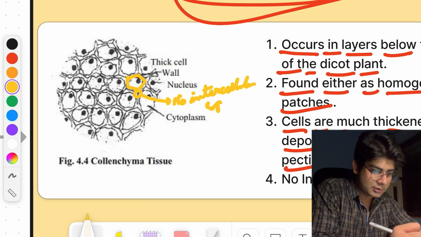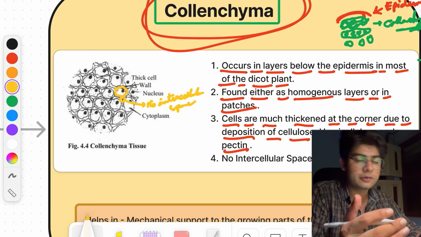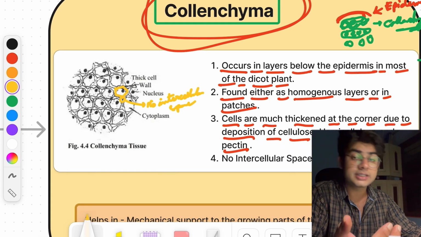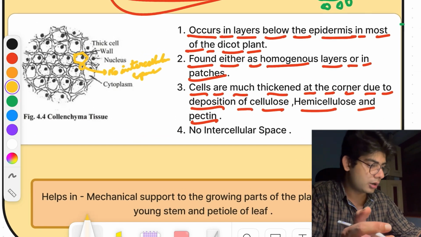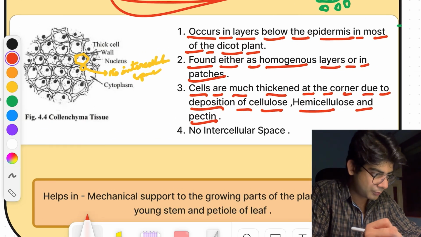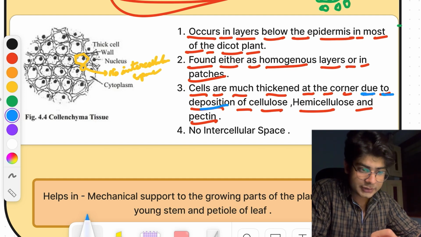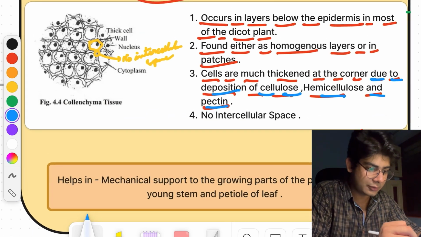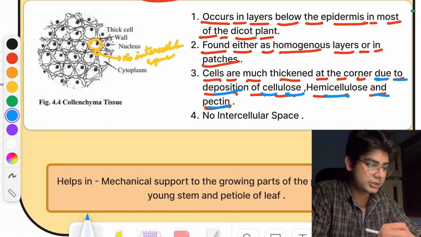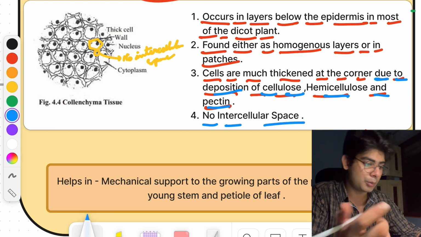Why this type of Collenchyma, this type of simple permanent tissues have no intercellular spaces? Because of this point, due to deposition of cellulose, hemicellulose and pectin. The fourth point is also what I've just talked about now. No intercellular space available in this type of tissues.